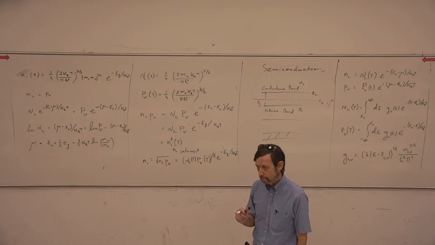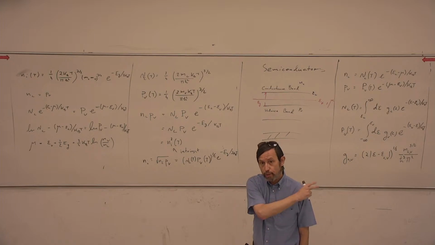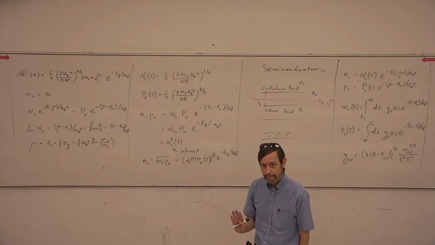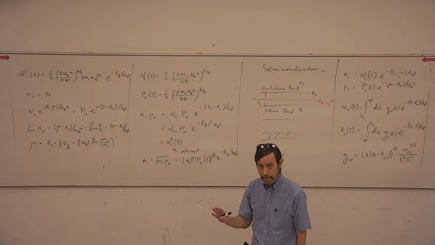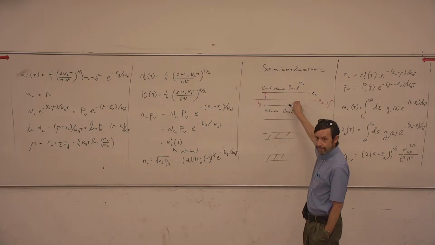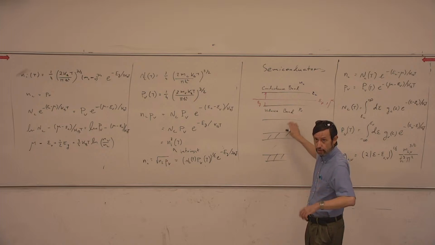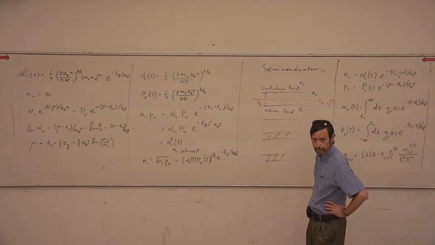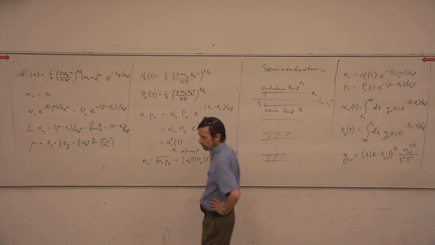Electric field, or electrical field of some sort? Exactly. Either you put in impurities, or you put in a strong electric field which moves mu above or below and introduces additional electrons or holes.